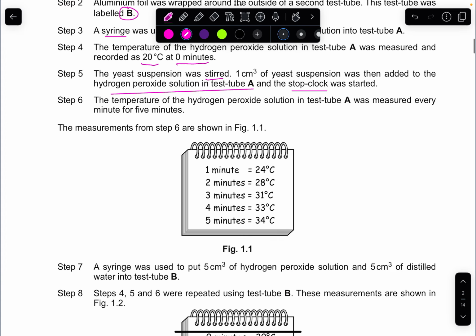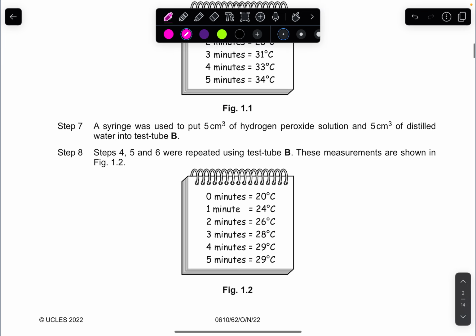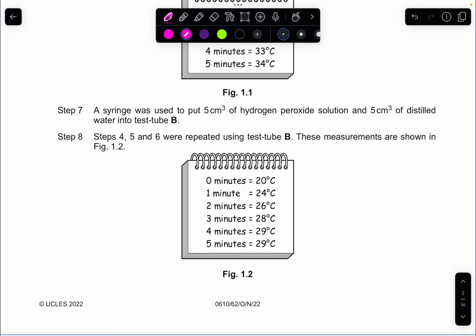And step 6, the temperature of the hydrogen peroxide solution in test tube A was measured every minute for 5 minutes. And step 7, the syringe was used to put 5 centimeter cube of hydrogen peroxide solution and 5 centimeter cube of distilled water into test tube B.